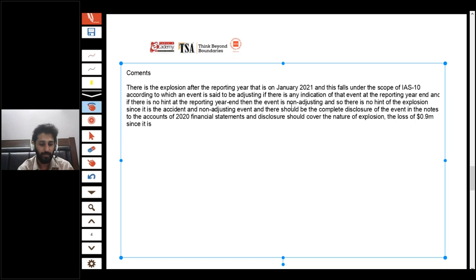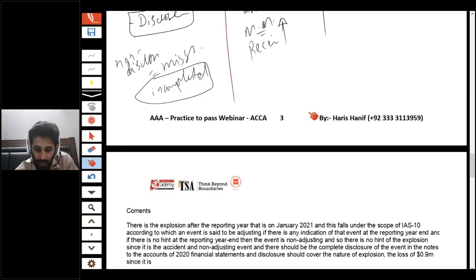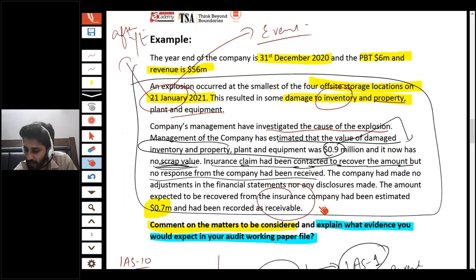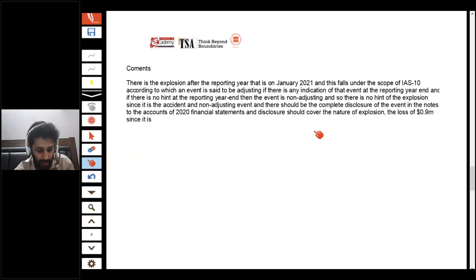What is the percentage? 0.9 divided by 6 million. I guess it was 6 million, right? Yes, 6 million profit before tax, and it is 15%.